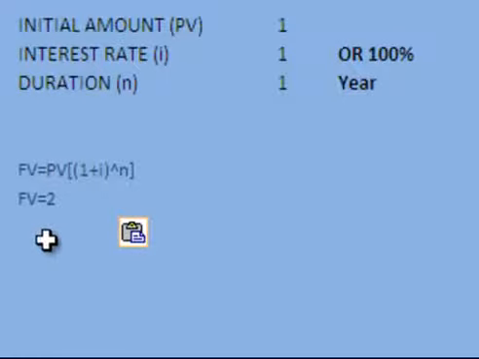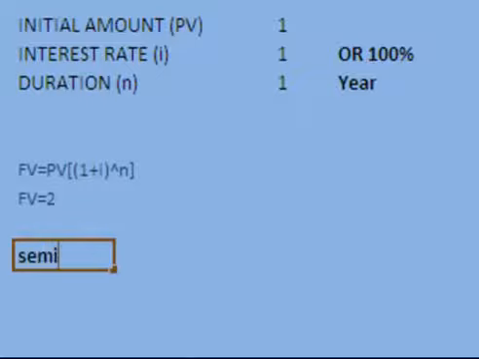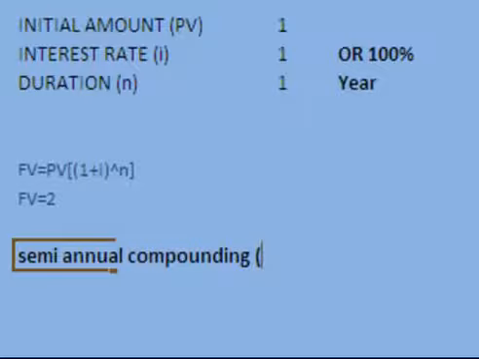Now what if we compound the interest semi-annually? So in case of semi-annual compounding, we need to introduce another term which is known as frequency term, which represents the number of compoundings in a year. We denote this frequency term with small m, and in case of semi-annual compounding this would be equal to 2.